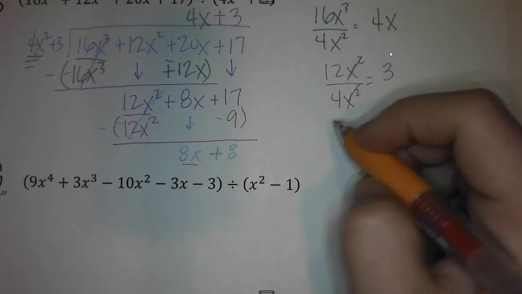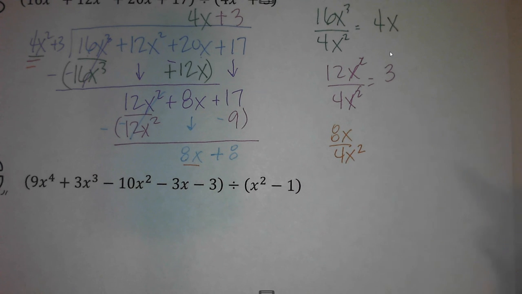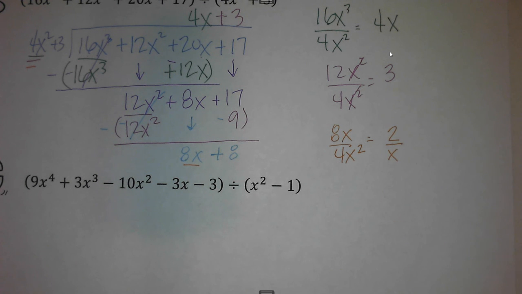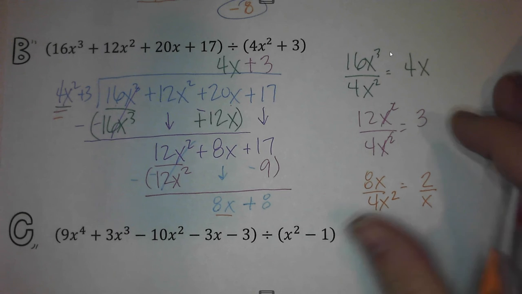Because if I take 8x divided by 4x squared, my answer is going to be 2 over x. And that doesn't make sense for a simplified long division.